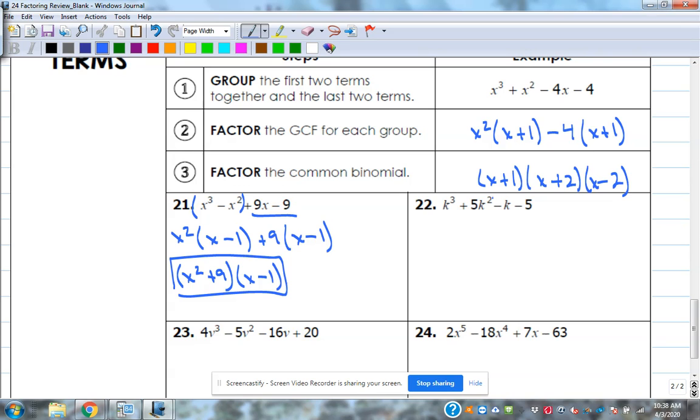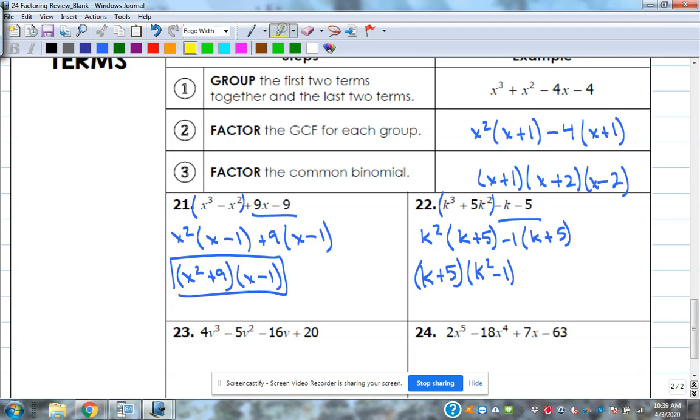And then let's do the second one. k squared, k plus 5, negative 1, k plus 5. So we have k plus 5, and then k squared minus 1. k squared minus 1 is the difference of squares. So I'm going to factor it one more time. k plus 5, k plus 1, k minus 1.